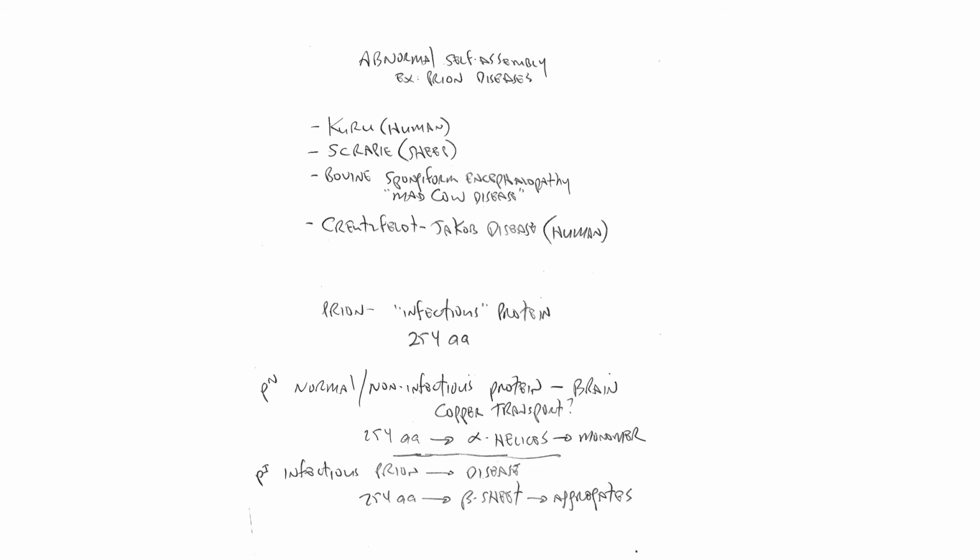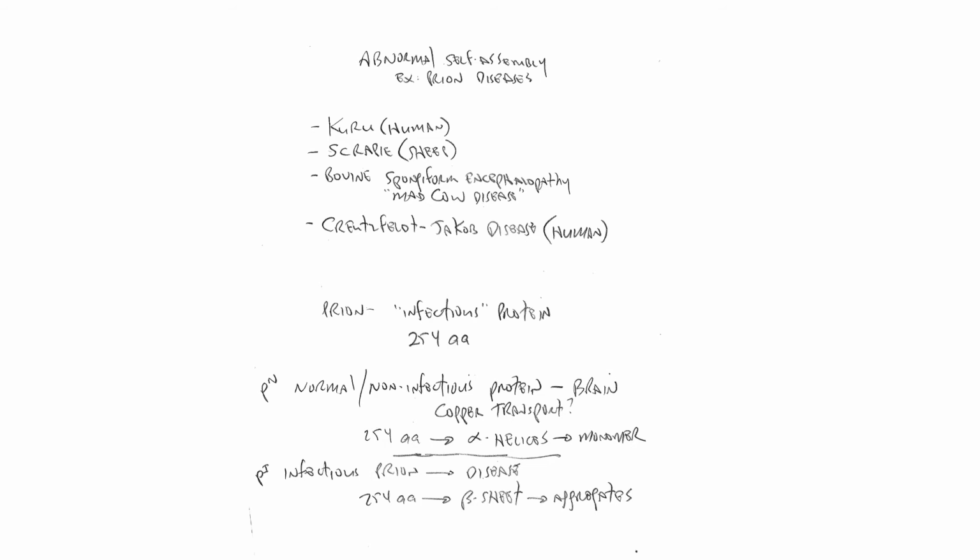If you look at the infectious prion, the one that causes disease, it's also 254 amino acids, and in fact, it's the exact same sequence. They're identical between the normal and the infectious one. But for some reason, the infectious prion forms beta sheet structures. Not the alpha helix, the beta sheet. And we know these beta sheets can line up and form aggregates, and that's what happens.